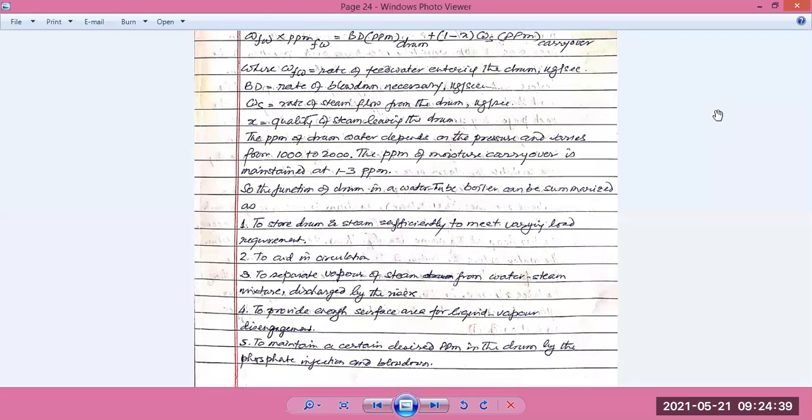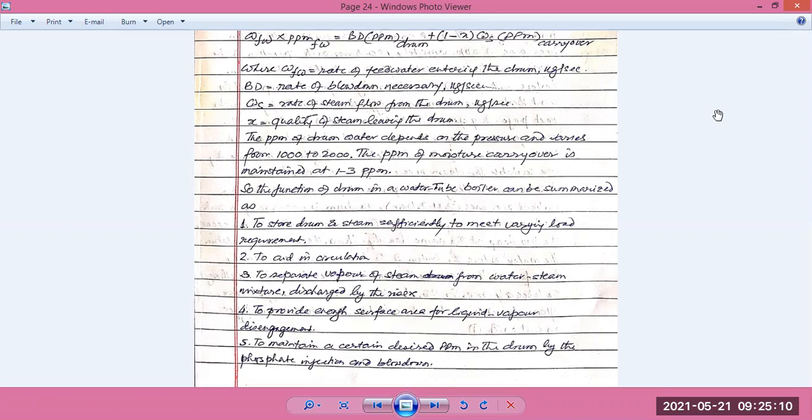Now, separate vapors of steam from the water steam mixture discharged by the riser itself. Because you see, at the downcomer there is saturated water, there is supposed to be no steam, and we have to avoid all bubbles or moisture content inside this downcomer, because this downcomer and riser mostly run through natural movement, natural transporting movement.